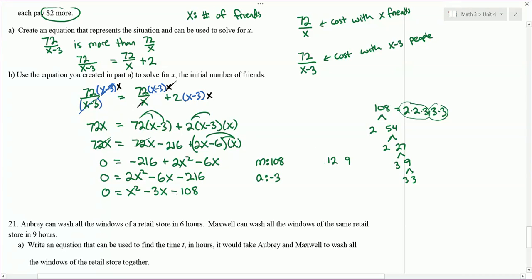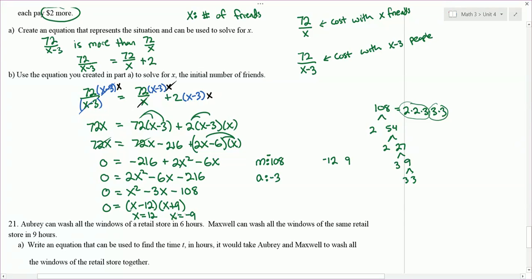Oh, I'm wrong. It should be a negative 108. So we can make this work. Negative 12 and a positive 9. So now we get x minus 12 and x plus 9, giving us x is 12 and x is negative 9.